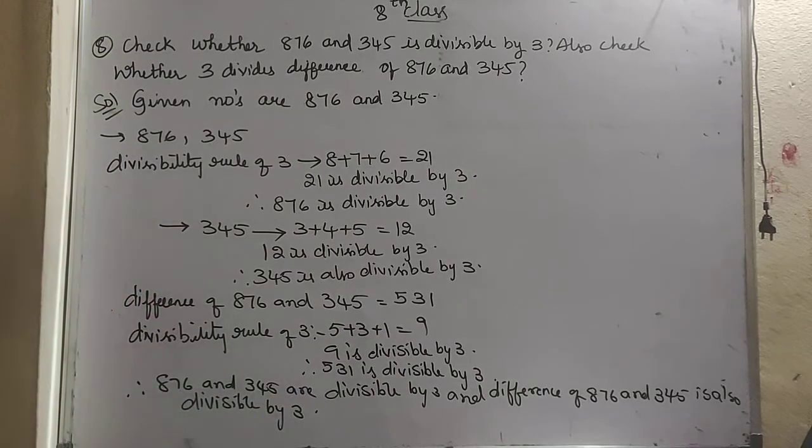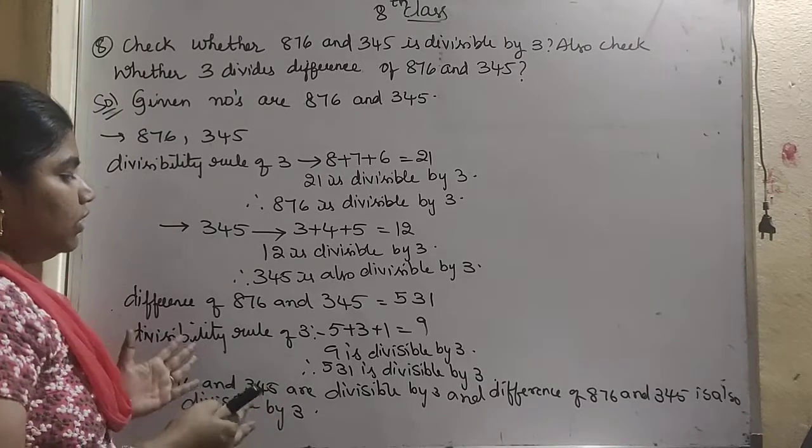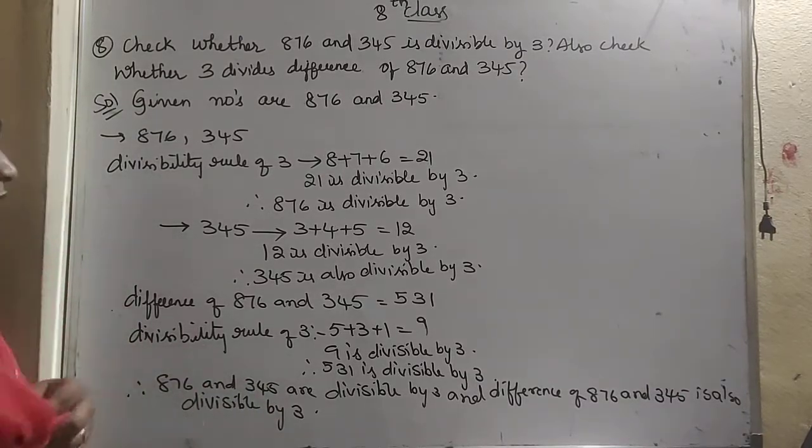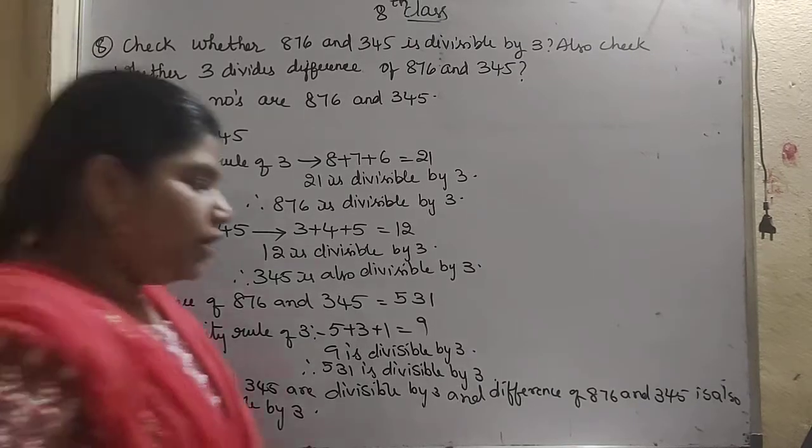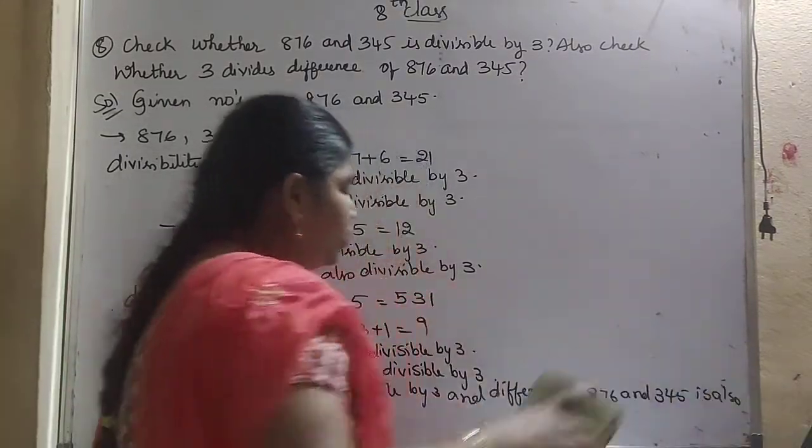So this is our 8th solution. We have to check individually as well as after doing a subtraction whether it is divisible or not. So all the three conditions have been satisfied. So all are divisible by 3 here. So this is our 8th solution.